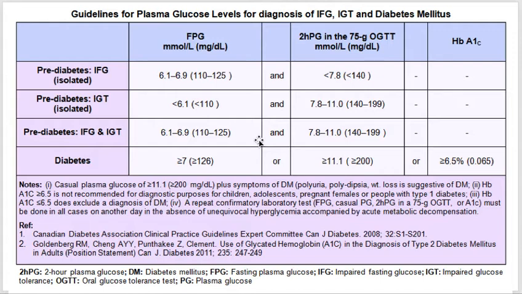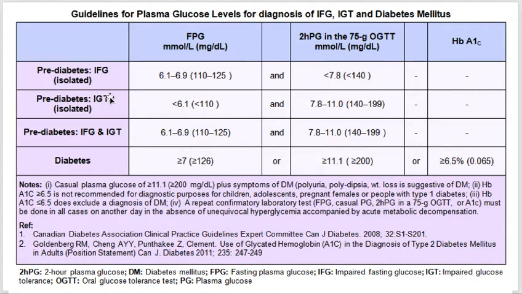It's not that they are completely separate; for example, it is possible that the patient has both impaired fasting plasma glucose and impaired oral glucose tolerance. Or the person may have the isolated type as well.